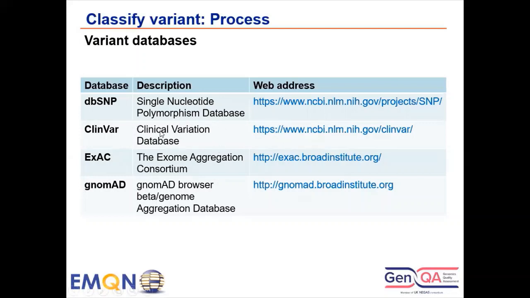In ClinVar, you can find the evaluation of the variants listed in a more clinical context, and some labs put some nice information there that helps you for the adequate interpretation.